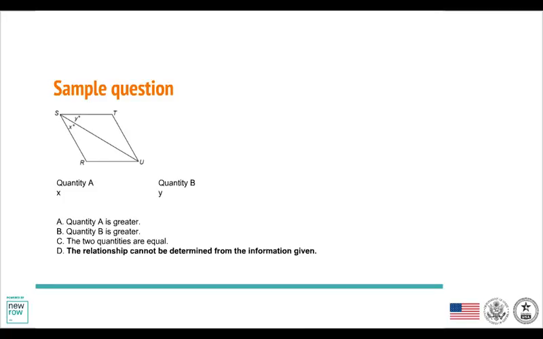So as a result, you can't determine the response given the information. So X and Y look similar, but they may not be. So you have to look at the basic concepts here. If R and T, those angles, are not equal, X and Y are not equal degrees. So we don't have enough information to assess this problem.